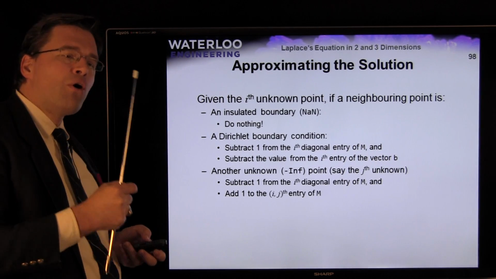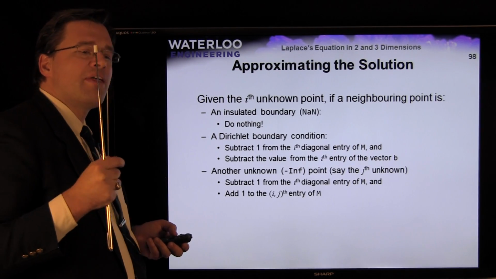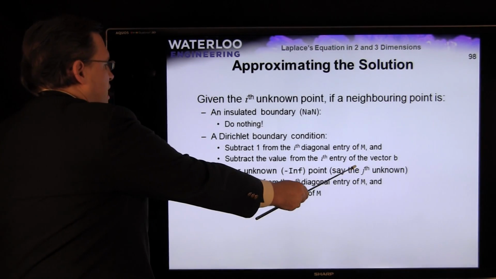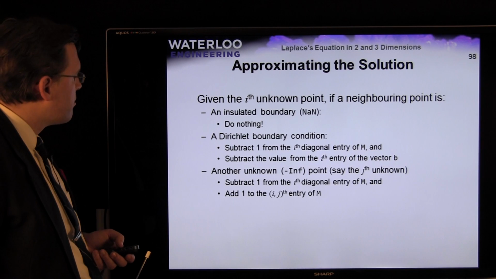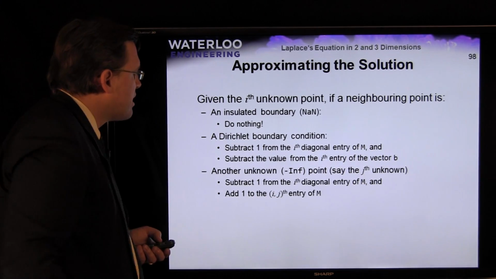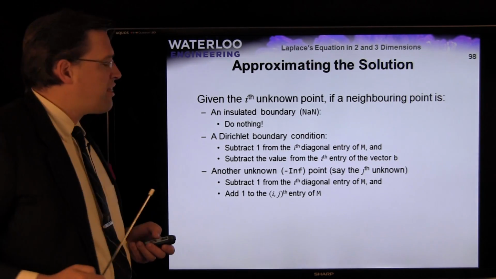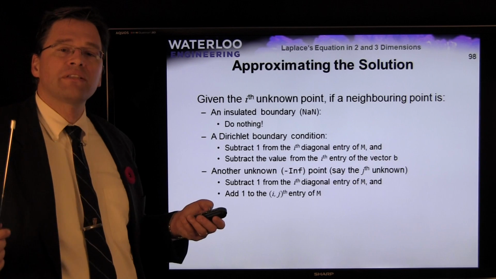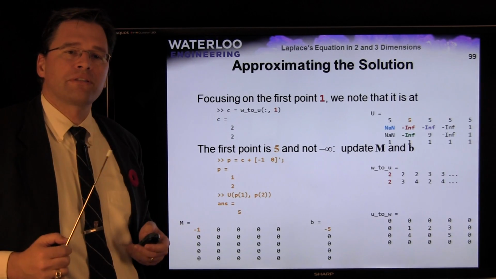That entry is also storing in that matrix the index, so the value j, as to which unknown it is. In this case, we will subtract 1 from the ith diagonal of M, add 1 to the ijth location in the matrix M, and we're going to do this for each of the 4 neighboring points.